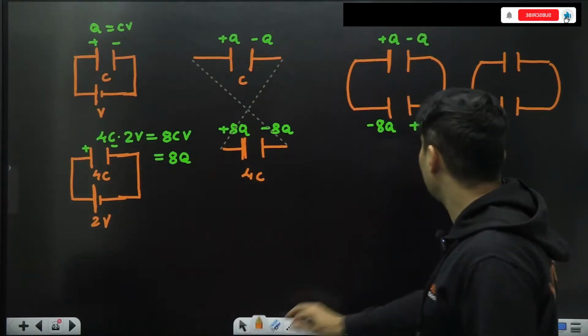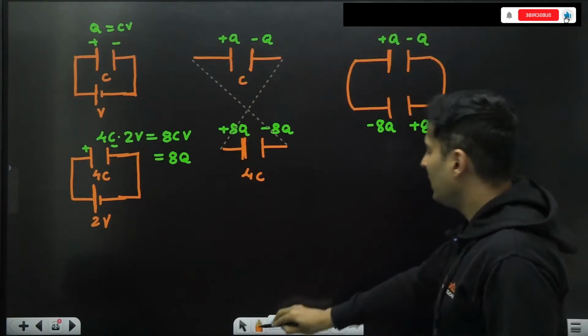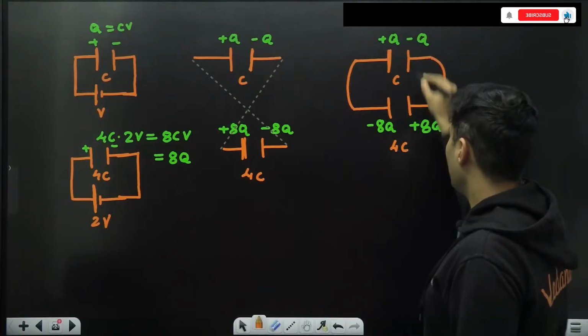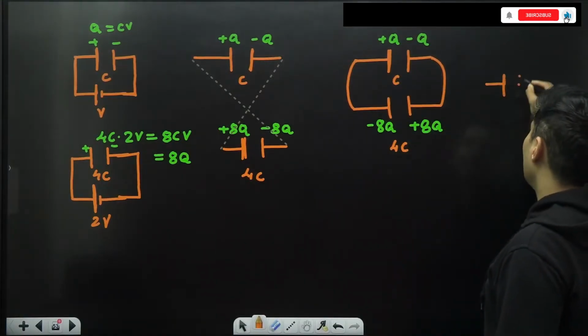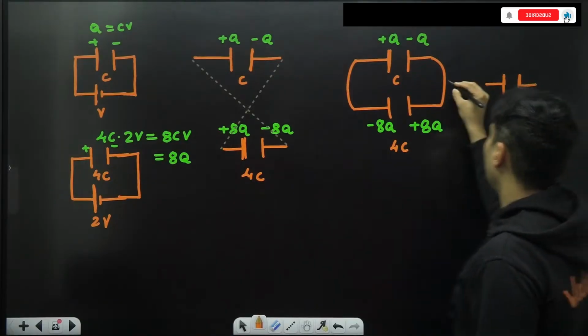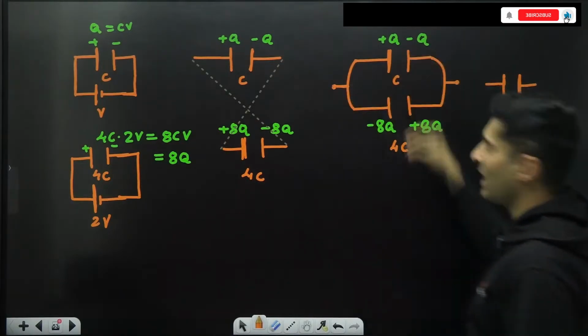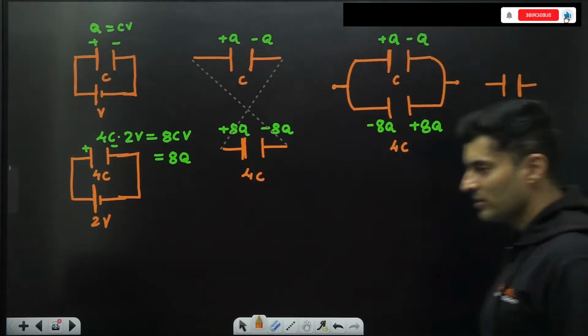So why not forget that and just treat them like two capacitors in parallel, C and 4C. If these were two capacitors which I just connected in parallel, what is the effective capacitance I will get? I will get 5 times C.